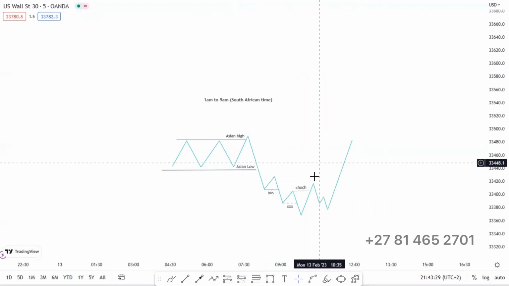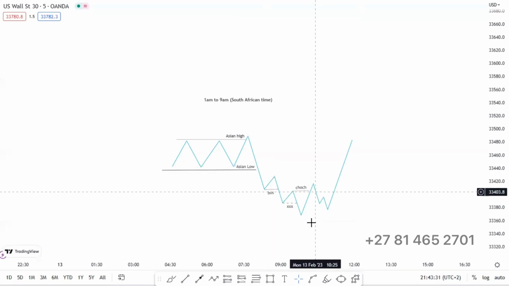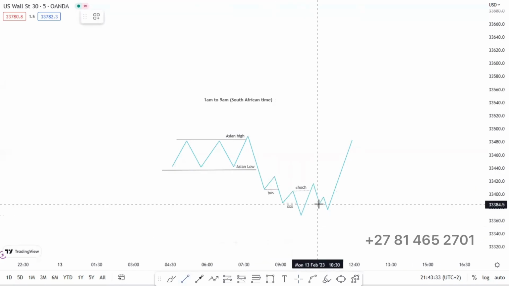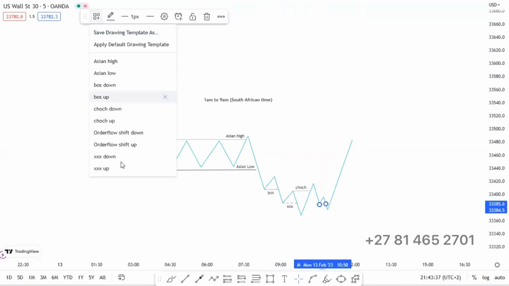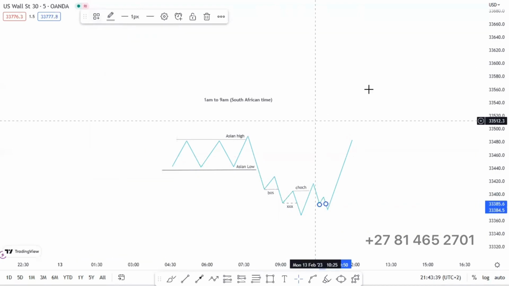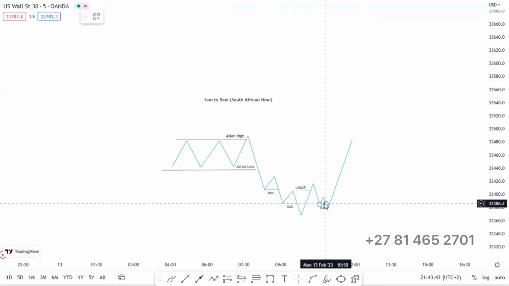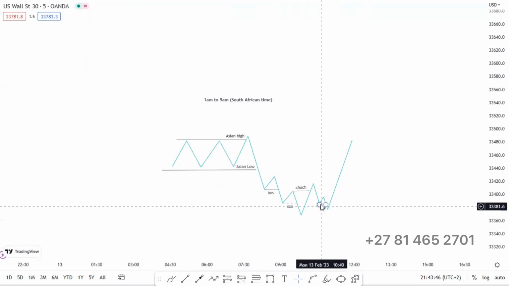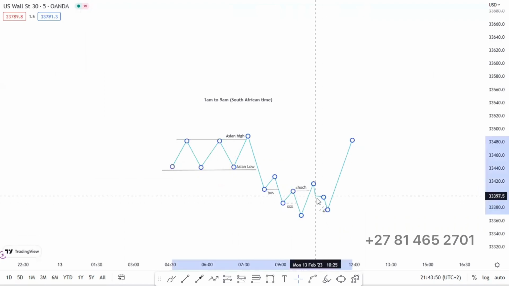It changes character, and then as soon as it gets there, wait for a sweep of liquidity before we tap into our order block. I know if you don't know how to trade SMC, this can get a little bit confusing. Let me just put this properly.